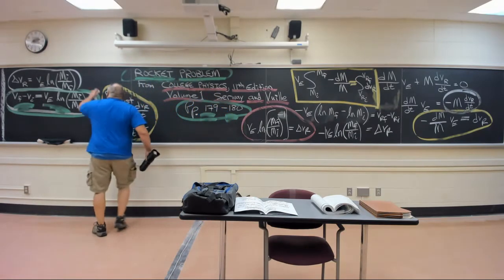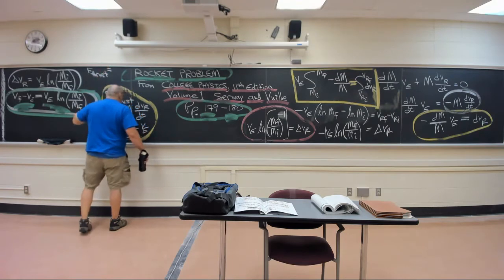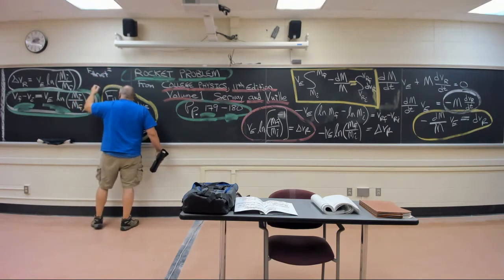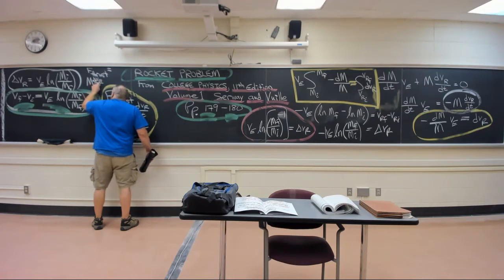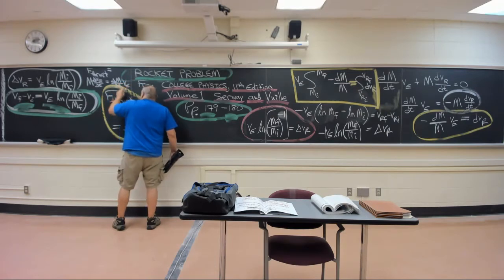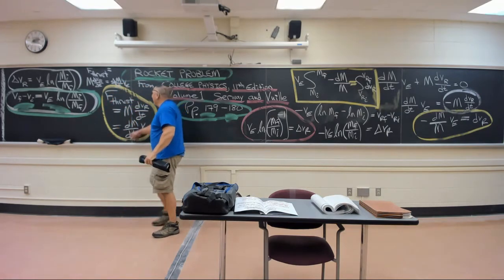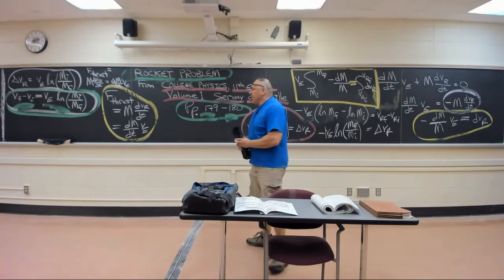The non-calc version of it is simply going to be F thrust, and that's going to be equal to, you put an absolute value here, delta VR over delta T, which is the same as delta M over delta T times VE. In place of the d's, you put the Greek letter delta, and it comes out the same thing for a non-calculus look at it. That'll approximate what's going on.